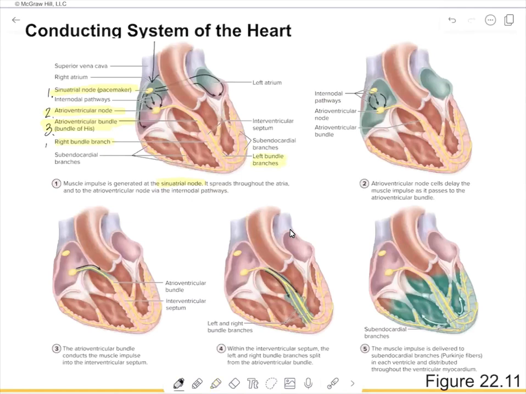So that would really be number 4. Finally, it leads to the subendocardial branches, which are also called Purkinje fibers. So that would be step number 5.